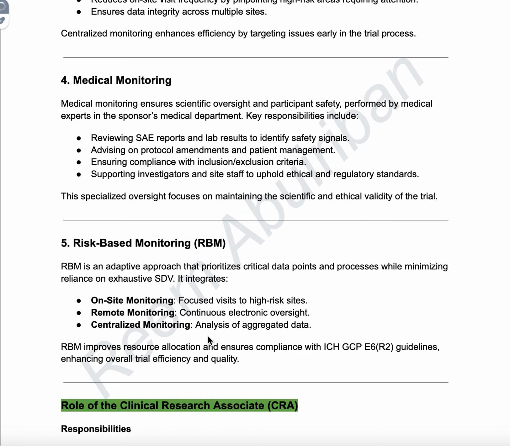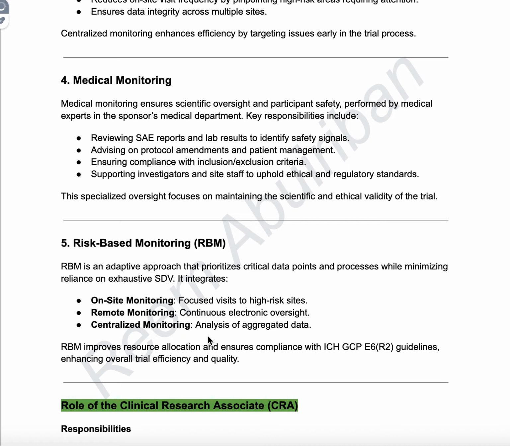Key responsibilities include reviewing serious adverse event reports and lab results to identify safety signals, advising on protocol amendments and patient management, ensuring compliance with the inclusion-exclusion criteria, supporting investigators and site staff to uphold ethical and regulatory standards.